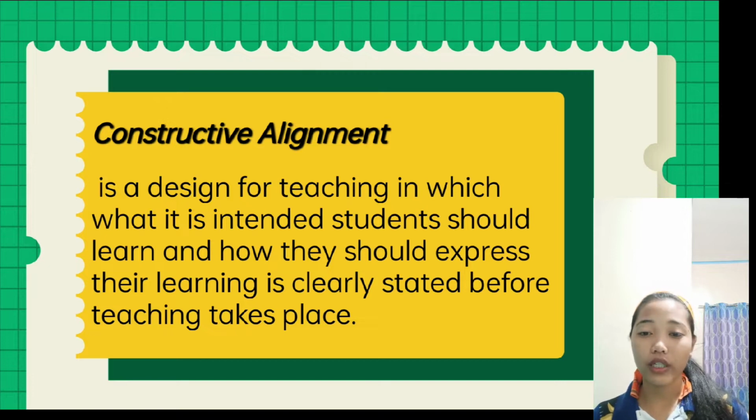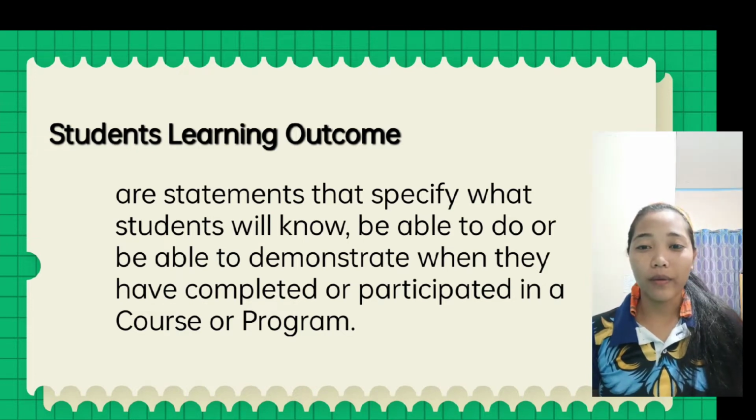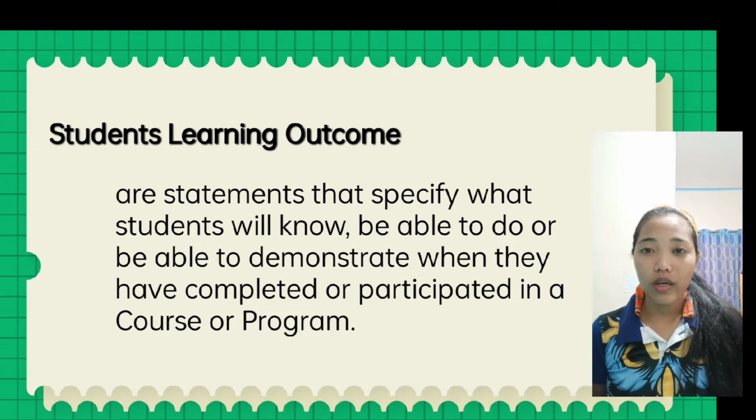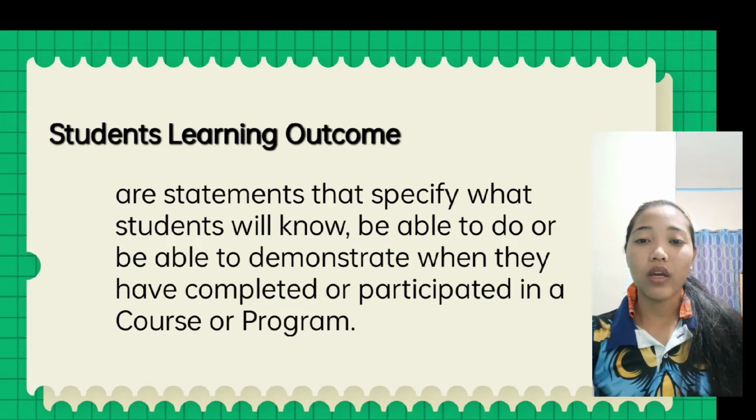Before we go further to our lesson, let's discuss first the student learning outcome. We have 3 student learning outcomes, and each has a supporting student activity. Student learning outcomes are statements that specify what students will know, be able to do, or be able to demonstrate when they have completed or participated in a course or program.